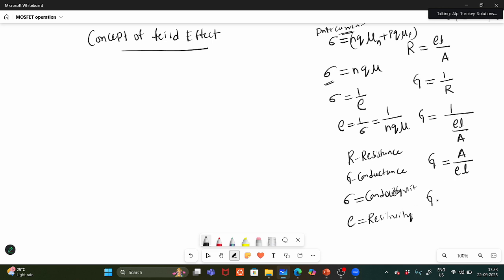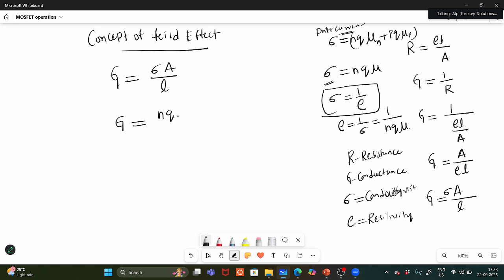If you substitute the resistivity value, from this G equals sigma A by L, because sigma equals 1 by rho. Now substituting sigma, G equals n q mu A by L.